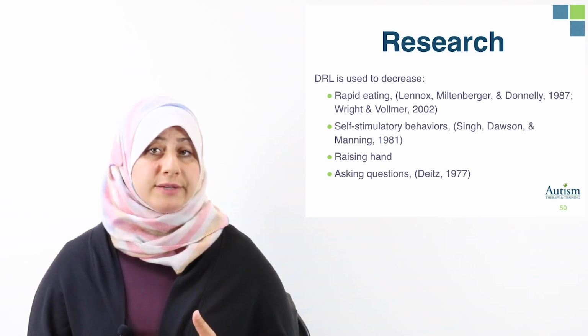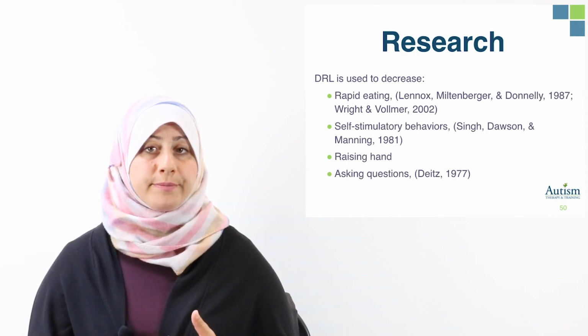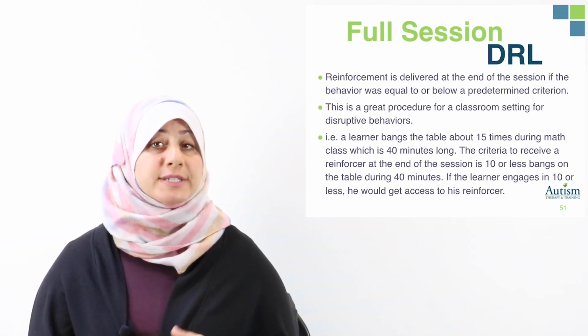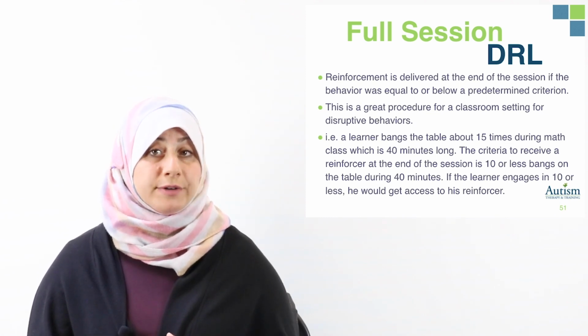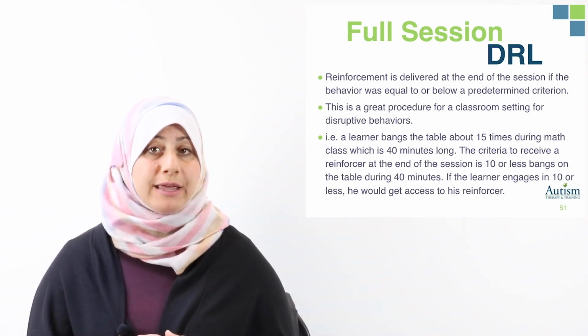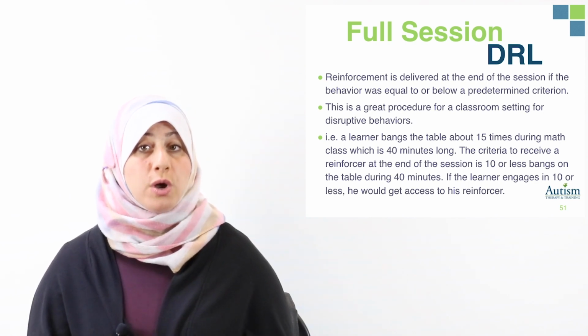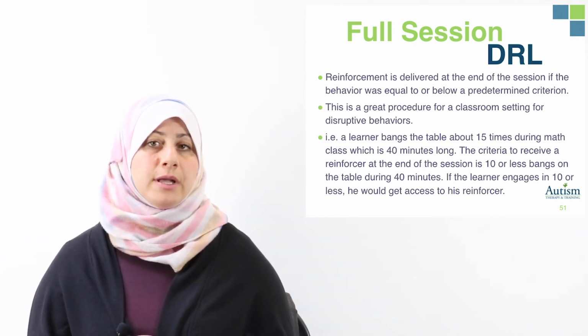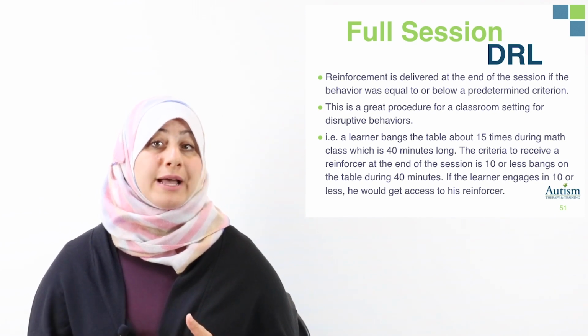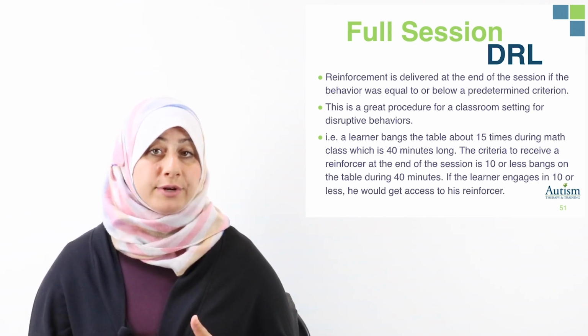There are 3 ways of using a DRL procedure. Let's walk you through them. First is a full session DRL, which is when reinforcement is delivered at the end of the session if the behavior was equal to or below a predetermined criterion. This is a great procedure for a classroom setting for disruptive behaviors.